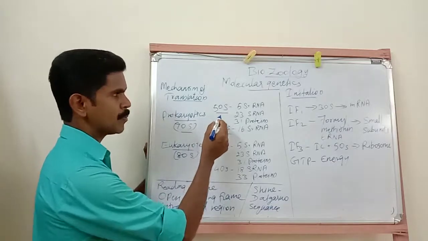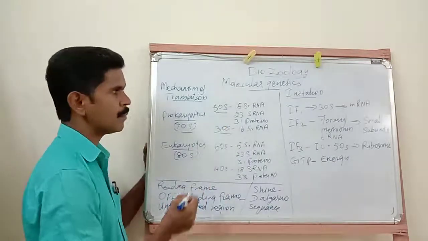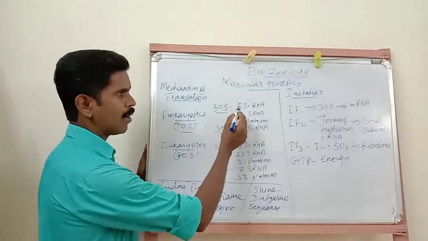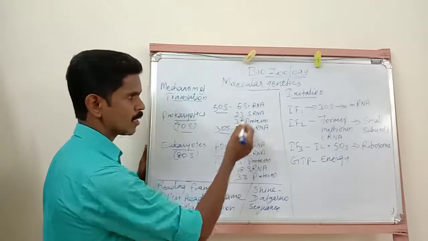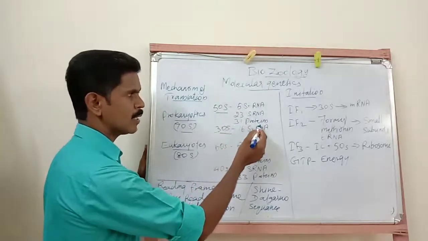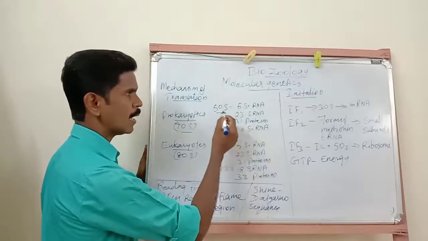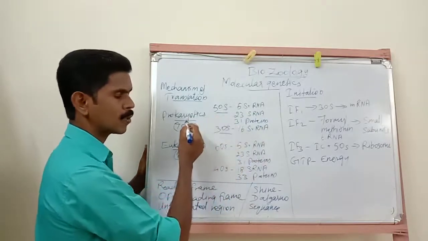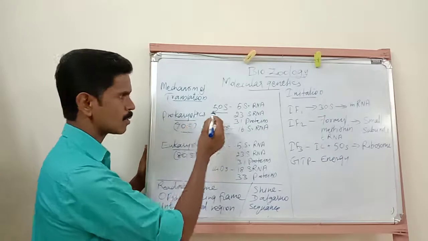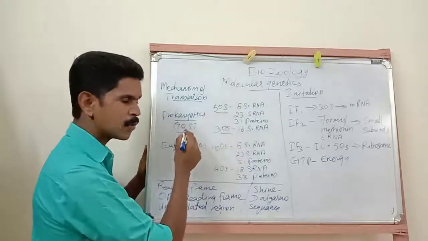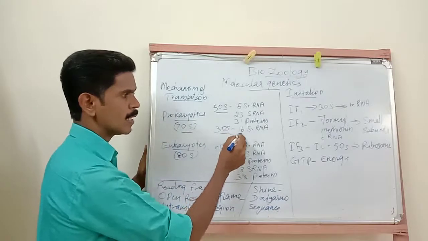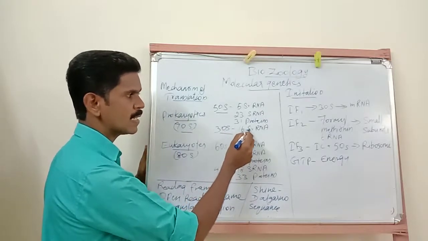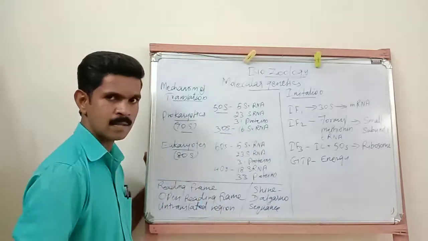The 50S subunit consists of 5S rRNA, 23S rRNA, and 31 proteins in the larger subunit of a prokaryote ribosome. And the 30S subunit consists of 16S rRNA.